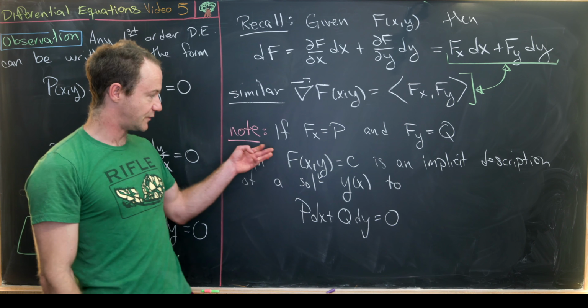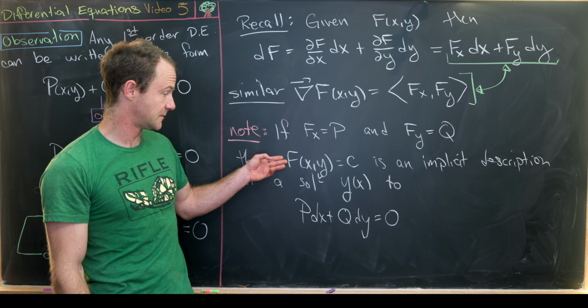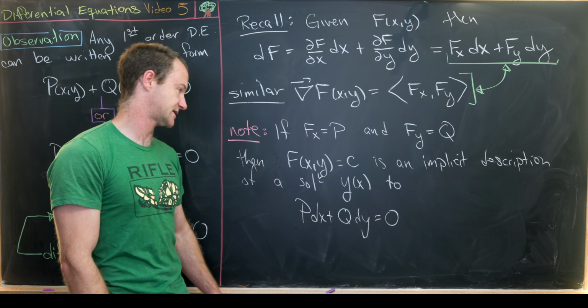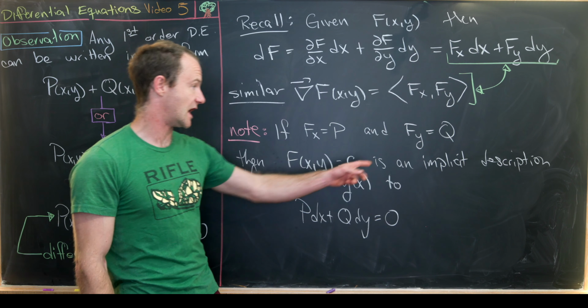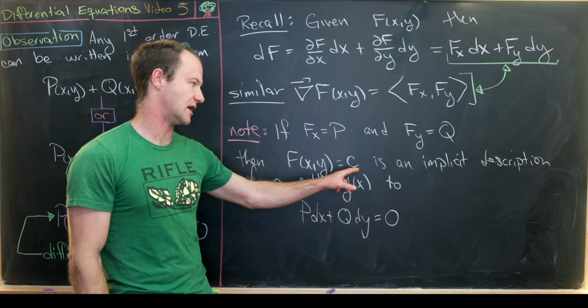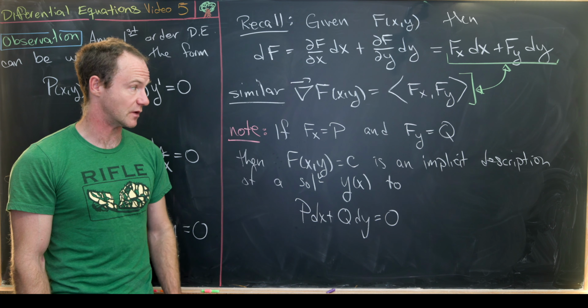And that's because if we take the differential of the left-hand side of f, we get f sub x dx, but that's just this P dx, and f sub y dy, but that's just this Q dy. And if we take the differential of a constant, we just get 0. So we've achieved this differential equation.